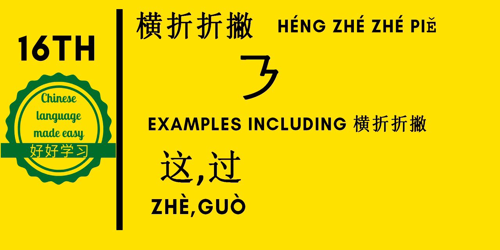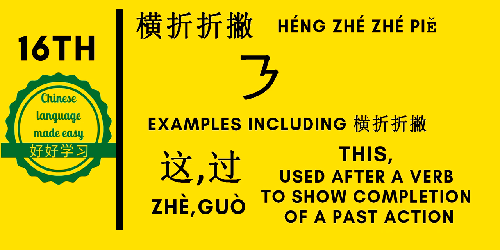The second character is used after a verb in a sentence to show completion of a past action. As we sometimes say, 你看过那个电影吗？ Have you ever seen that movie? If I'm mentioning some movie to someone. So this is the stroke which is included in a Chinese character.